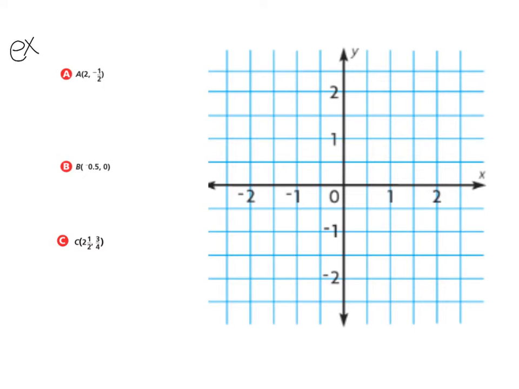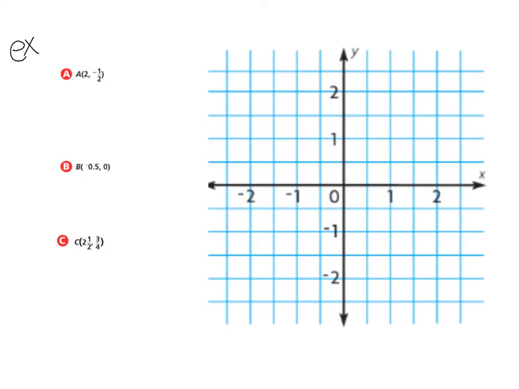So here is another example that you can do. This is in your Go Math book in lesson 3.7, or you can just draw a coordinate plane in your notebook if you'd rather. For letter A, the instructions are to put these onto the graph.